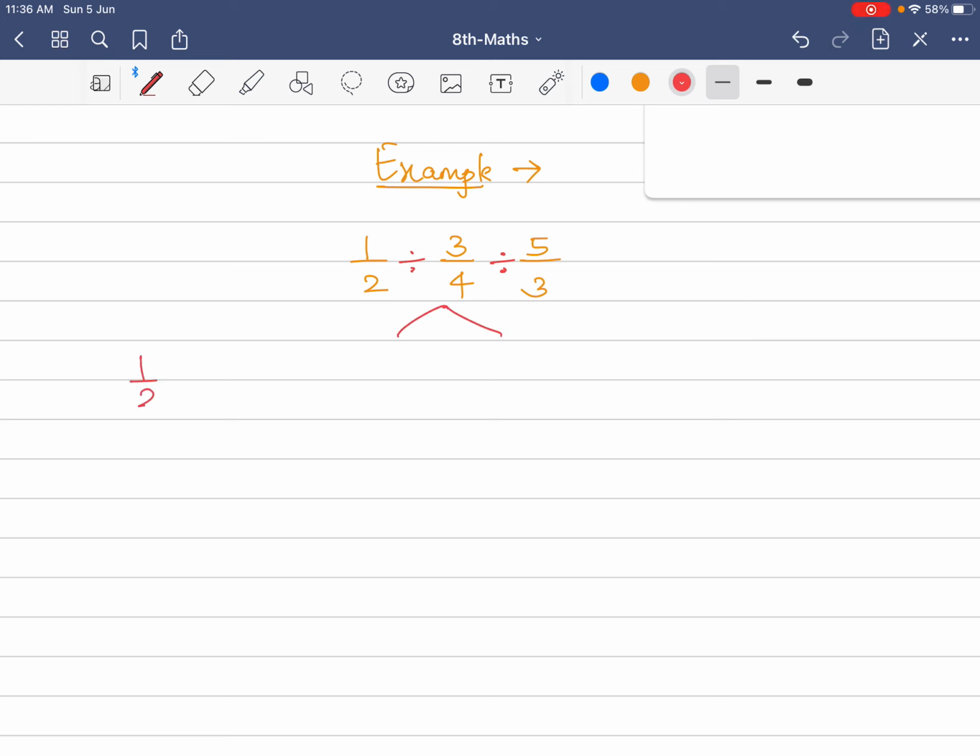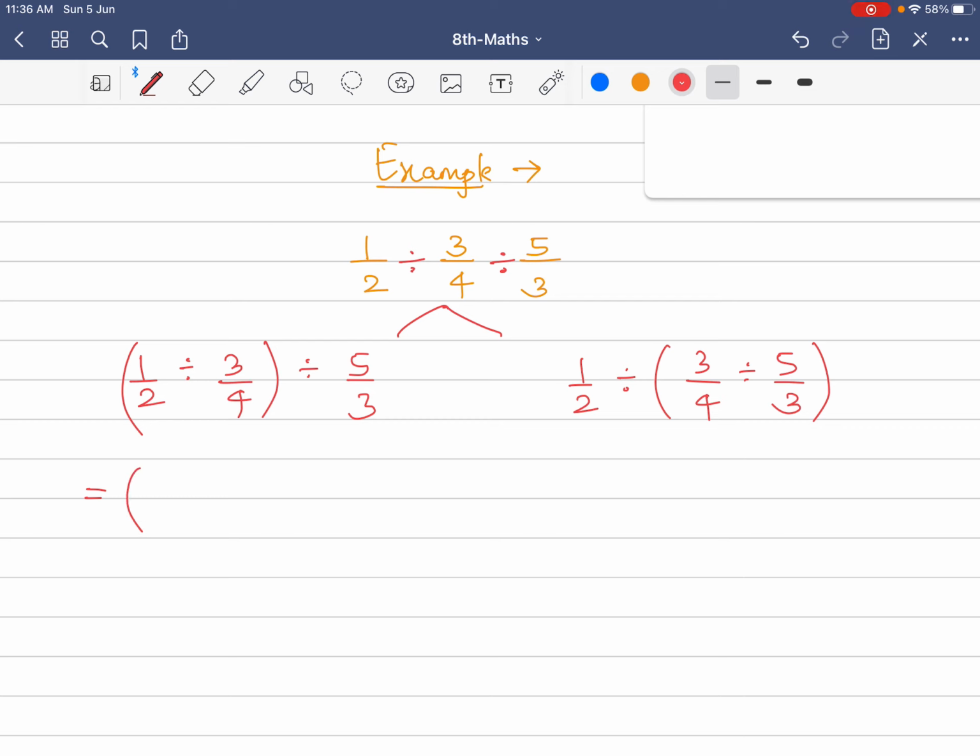First, I'll do the first two, so I'm going to insert the brackets. I'm going to associate these two rational numbers first, and then I will go for 5 by 3, or I'm going to associate the last two, that is 3 by 4 divided by 5 by 3 first, and then we will compare the outputs. So we know how to solve the division between rational numbers.